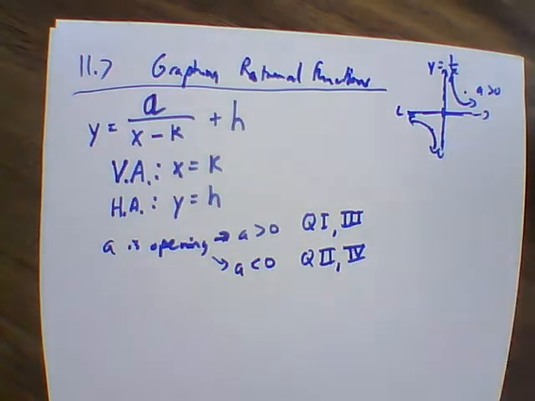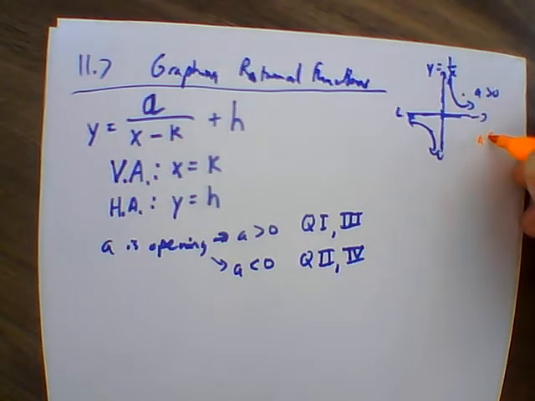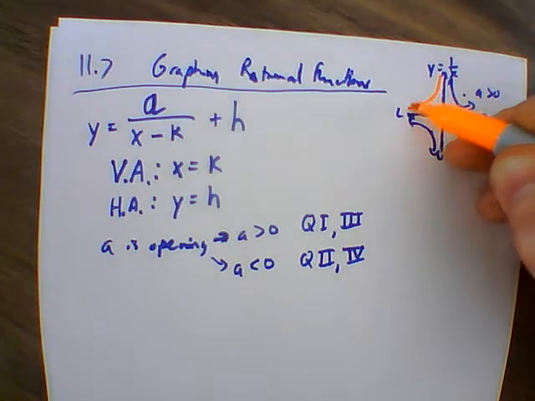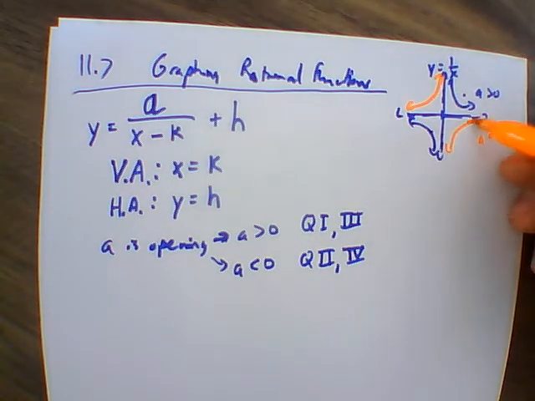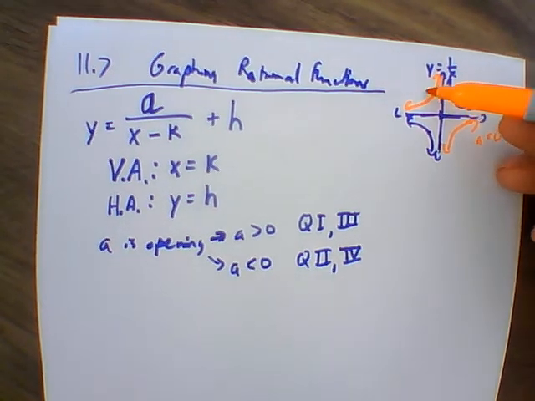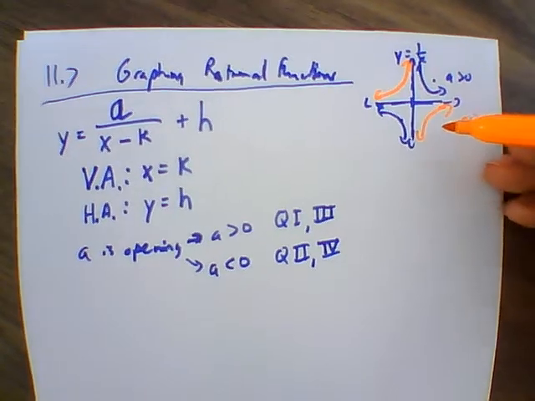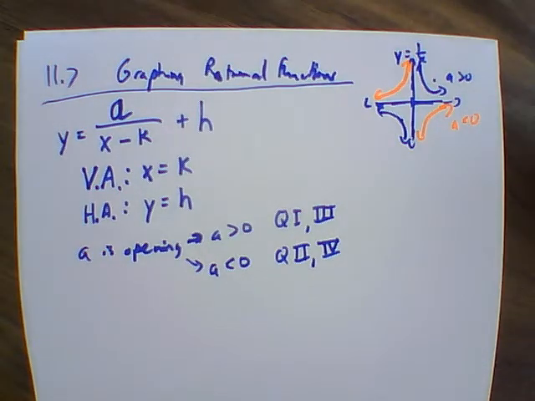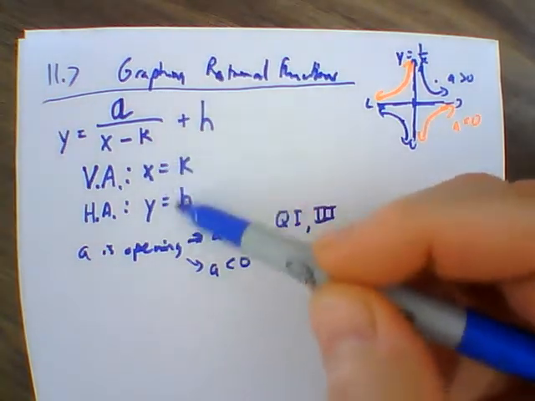If a is less than 0, we're going to be like this, in the upper left, lower right for our curve. And this is how we start transitioning this graph around. So please do not overcomplicate this. Work with it as the basics, and do realize that we have undefined, excluded values that we cannot have, and that's where these asymptotes come into play.